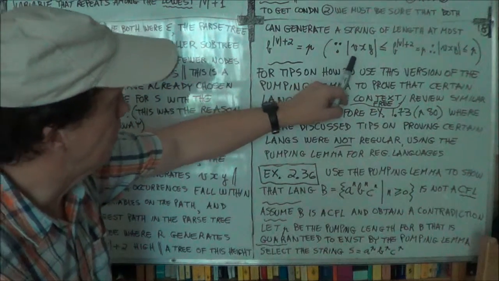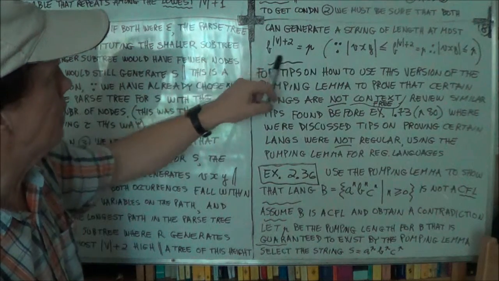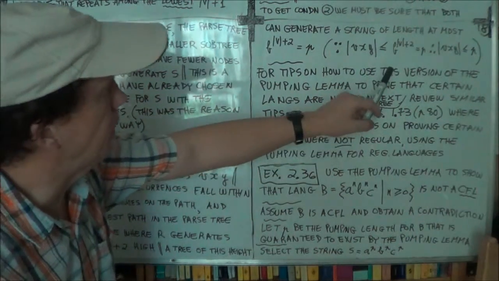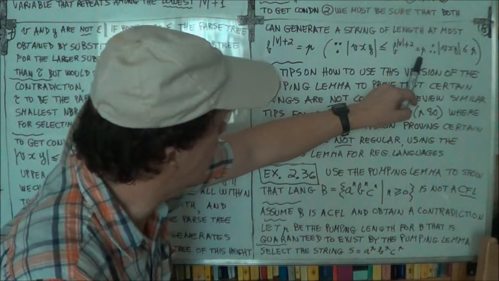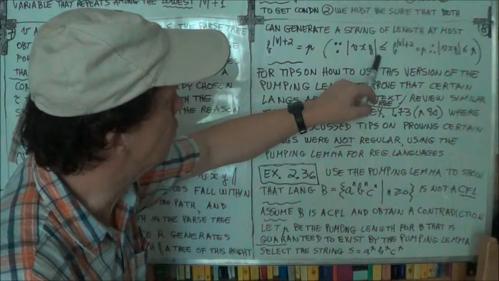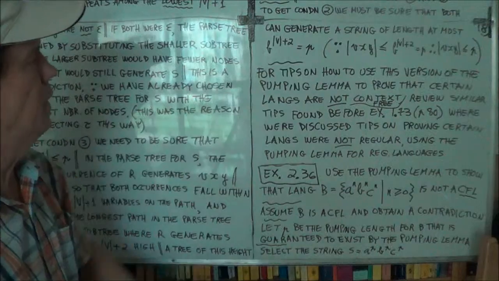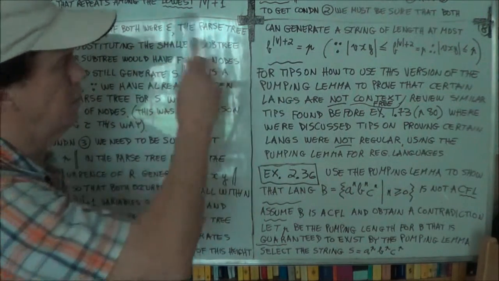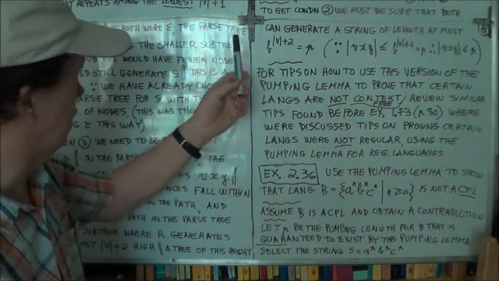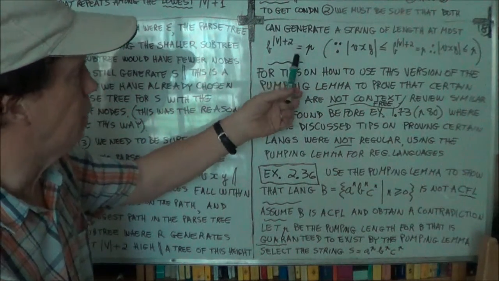So the length of this substring vxy needs to be less or equal to this, but that equals P. You define that to be P, and therefore the length of this string has to be less or equal to P. Where this comes from, why it's 2, I need to think about more. This is new to me. I thought I followed it by writing it up on the board, but I have a question mark.